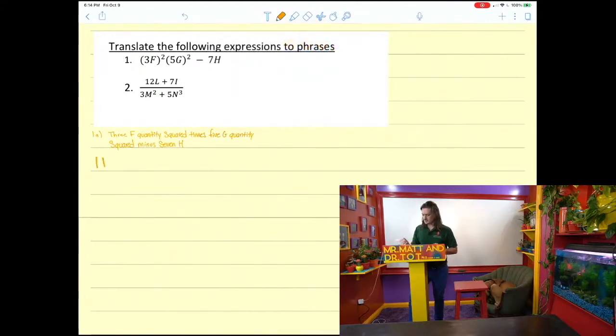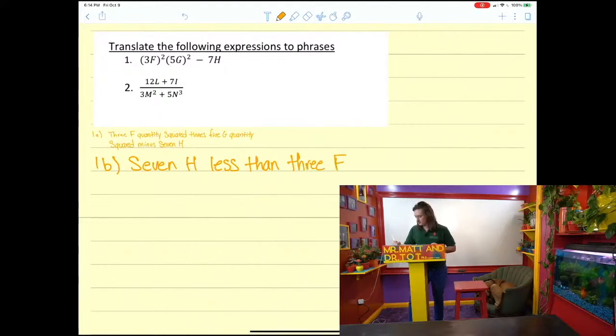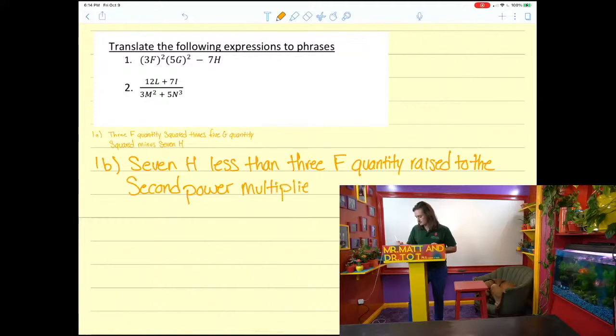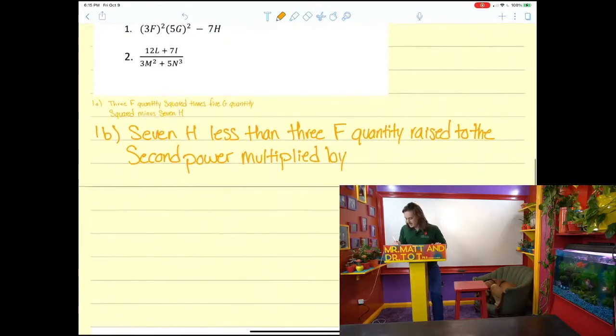Another way that we could represent this is we could say 7h less than 3f quantity raised to the second power times, or let me just use a different word, multiplied by 5g quantity raised to the second power.